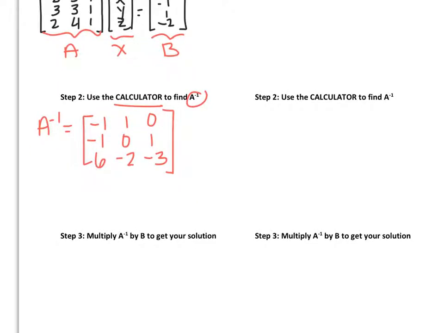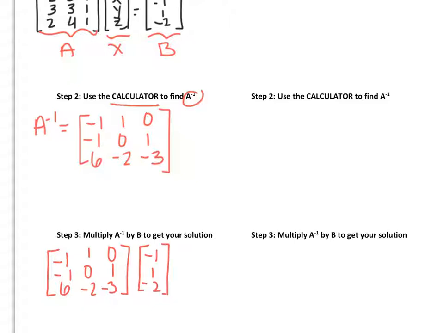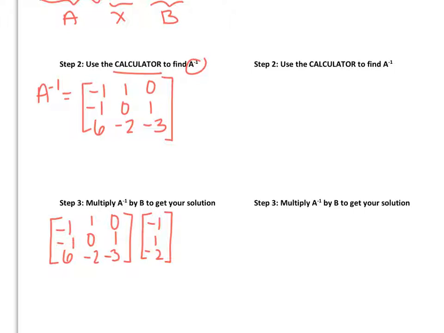So A inverse, and my B is negative 1, 1, and negative 2. Now, you don't necessarily have to do this by hand. You can actually use the calculator if you want.